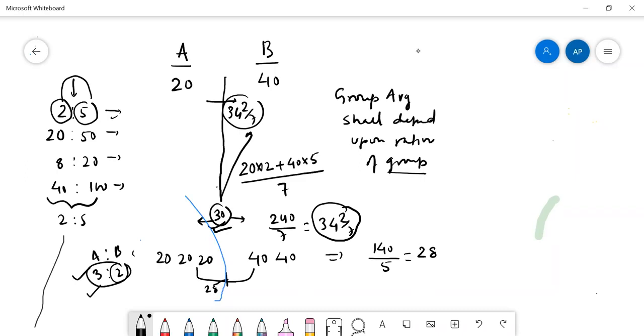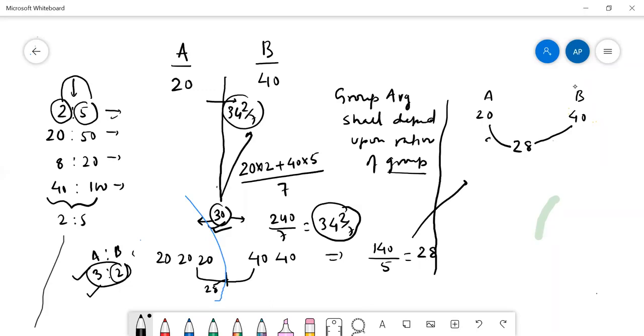So the second thing that we tried to establish is, I'll write it here. The average that we got was, in this case, 28. So the 28 will always lie between 20 and 40, of course.